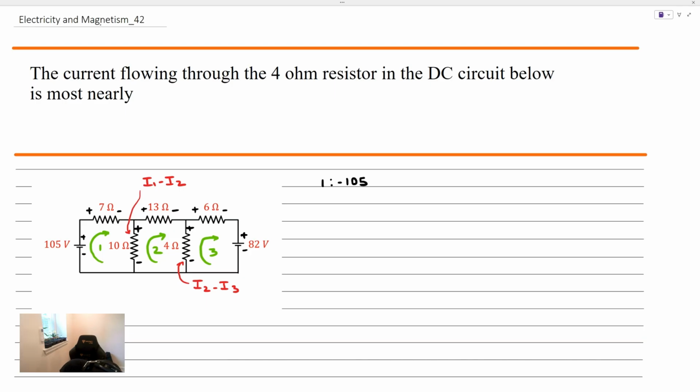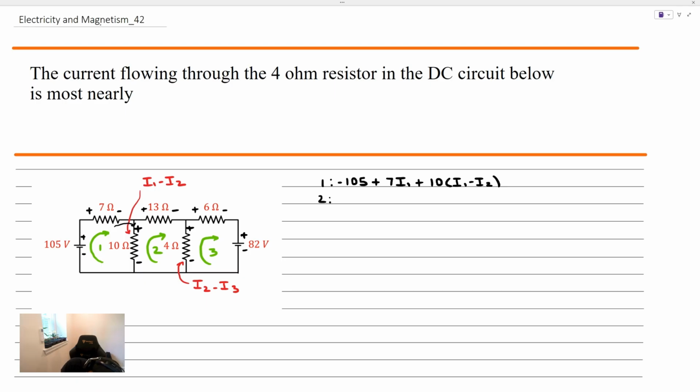We encounter that minus sign first, plus 7 multiplied by I1, plus 10 multiplied by the difference between I1 and I2. The sign is coming from intersecting that positive sign first, and the magnitude is coming from that labeled branch current that we saw by taking the difference between the 2 mesh currents, assuming that we have a downward current flow. What about for the second loop?